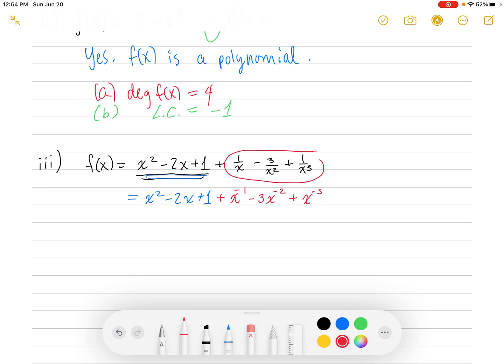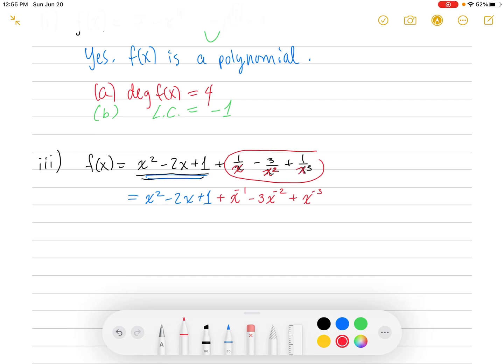When you have an individual variable on the bottom, like this one, it's the same as x to the 1 on bottom. You can take that x up top, and it becomes a -1 power. Likewise, with the x squared on the bottom, you can take that up top, and it becomes 3 times x to the -2.